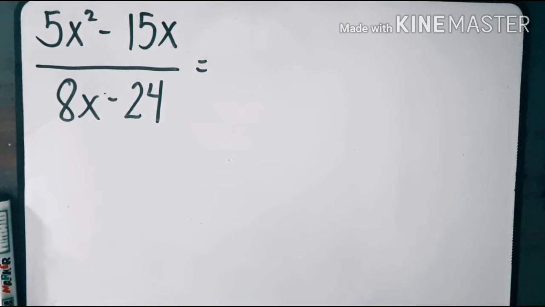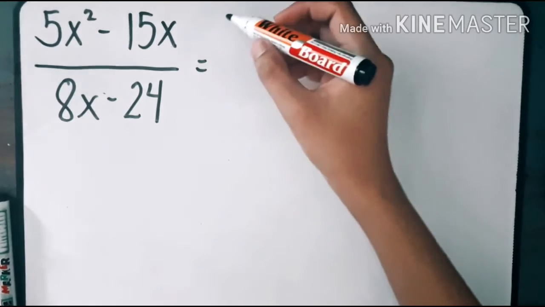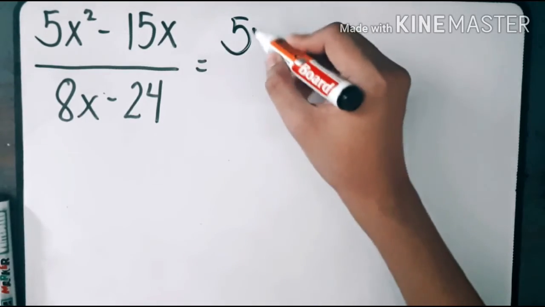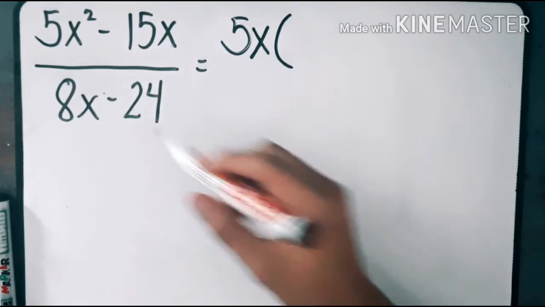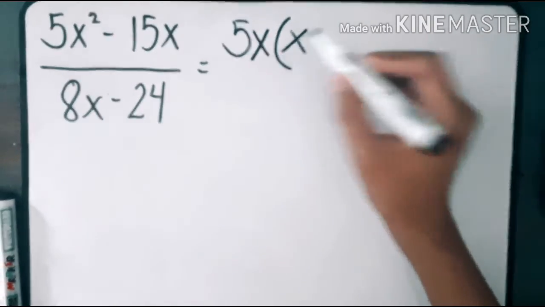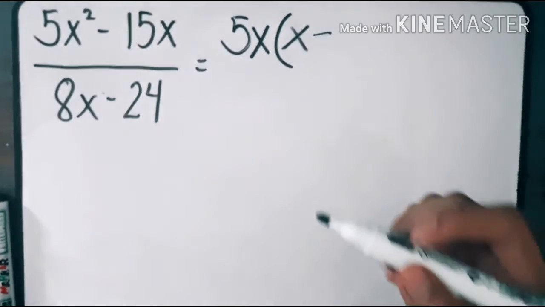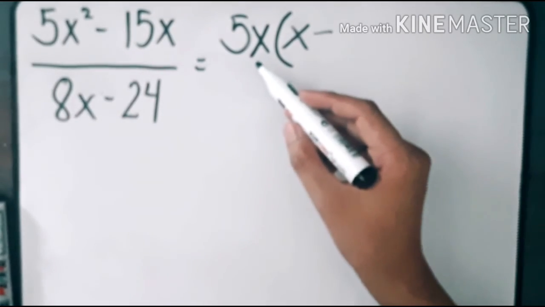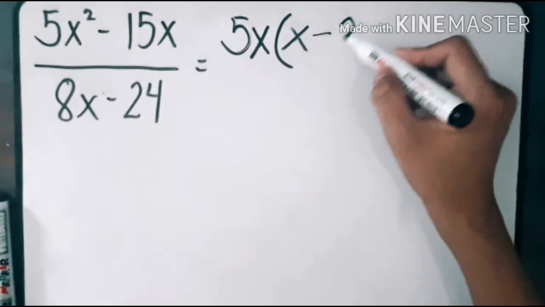Next example is 5x squared minus 15x over 8x minus 24. So una, hanapin muna natin yung greatest common factor. Start tayo with the numerator. For 5x squared minus 15x, ang greatest common factor niya is 5x. 5x squared divided by 5x is x, minus 15x divided by 5x is 3.